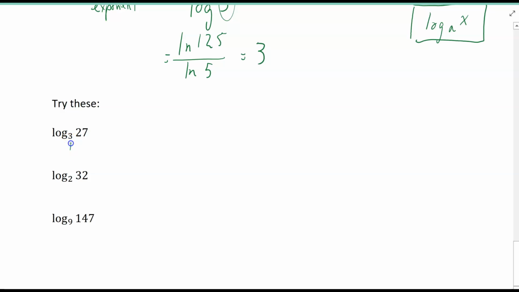Because this is not log base 10, we have to use the ratio. So this will be log 27 divided by log 3. And that is equal to 3. Same with this. This is not base 10. So we will do log 32 divided by log 2.